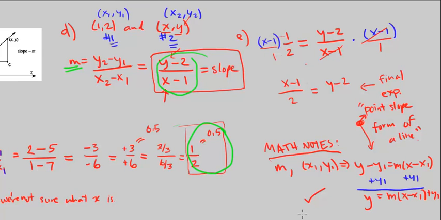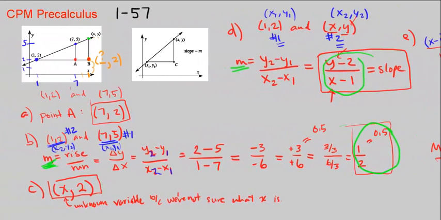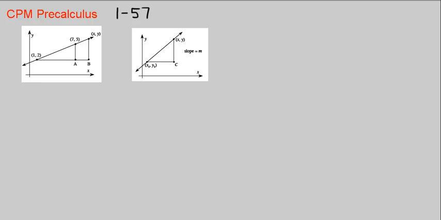Part F says, now let's look at any arbitrary line like the one shown in the diagram. What are the coordinates of point C? Let's go back here. I'm going to clear everything else away because now we're focusing on this diagram. So point C, if this point is x1, y1, that means it went to the right x1 and up y1.